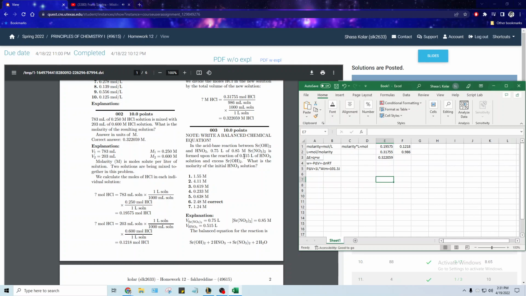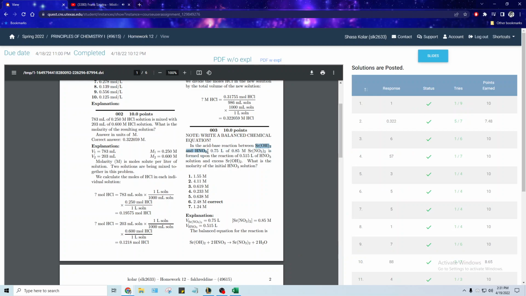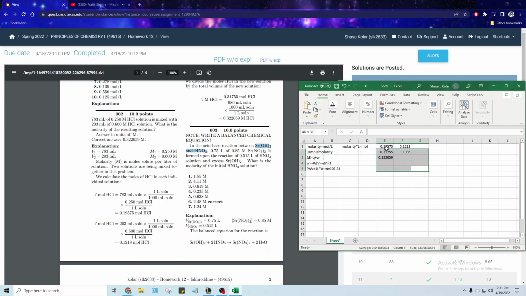So, let's write our balanced chemical equation first. Let me just copy this. It won't copy perfectly, but that's all right. Let's go ahead and get rid of this.